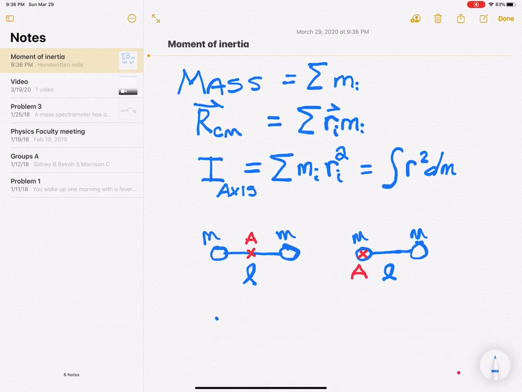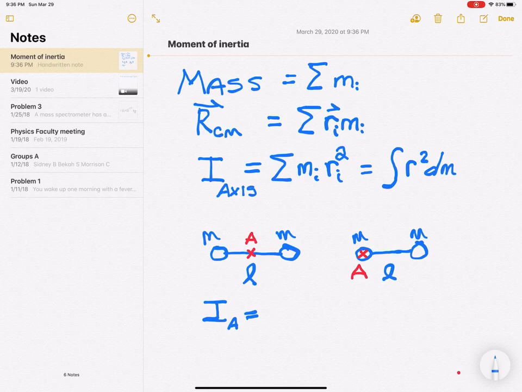So let's derive the moment of inertia. In this case, I, around its axis A, is given by 0, right? It's in the middle, right? Nah, you guys got me on that one.